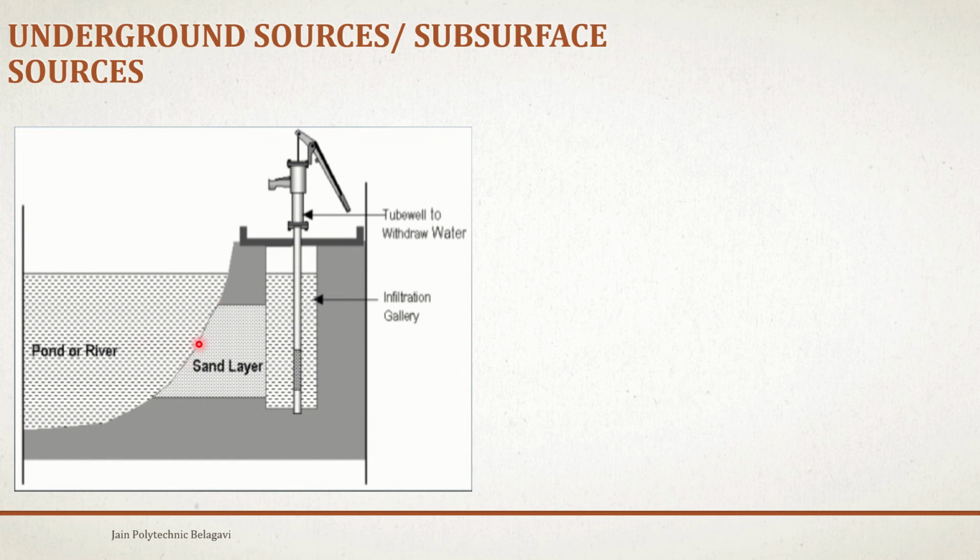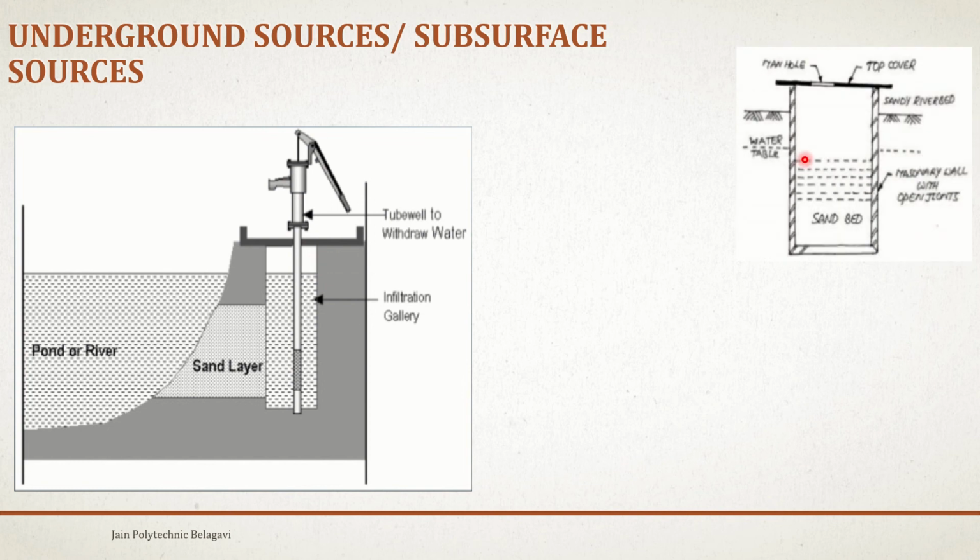It will be sent to the infiltration galleries. Next, you can take this water from a tube well to withdraw the water, and we have a filtration unit also in this. The net shaped circular pipe you will be fitting to the main pipe, and whenever you require the water you can pump it from this hand pump.